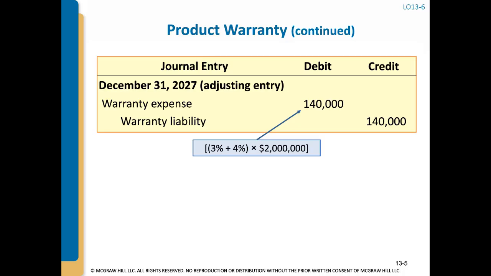The problem tells us that we expect 3% of total sales to come back under warranty in the first year and 4% in the following year. So 7% of 2 million is $140,000. We're going to debit warranty expense in that same period we sold those chairs and credit warranty liability for 140,000.